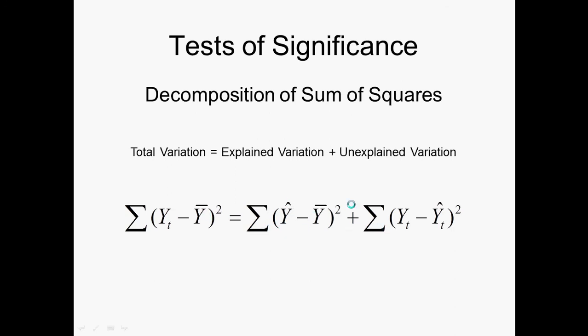So it turns out algebraically this has to hold. If you subtract the y-hats, you see how far y-hat deviates from y-bar, then how far y_t deviates from y-hat. You add those two together, you'll always end up with this. This is kind of like Pythagorean theorem stuff, but never mind. The key is that the total variation equals the explained variation, this stuff, plus the unexplained variation.